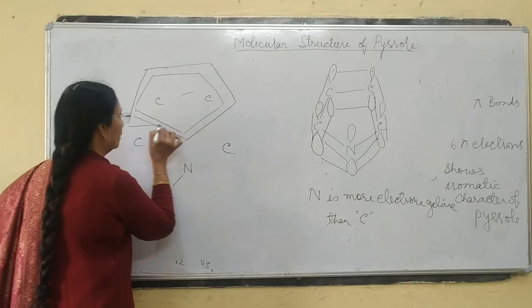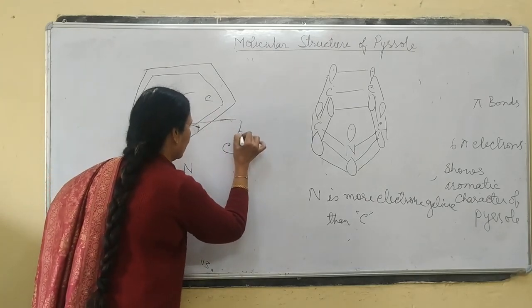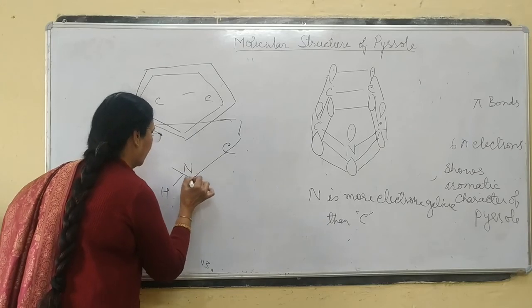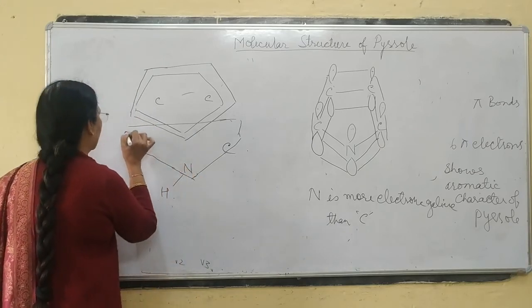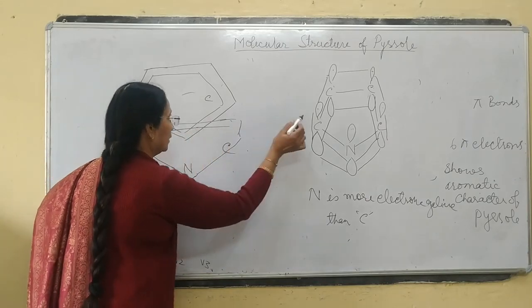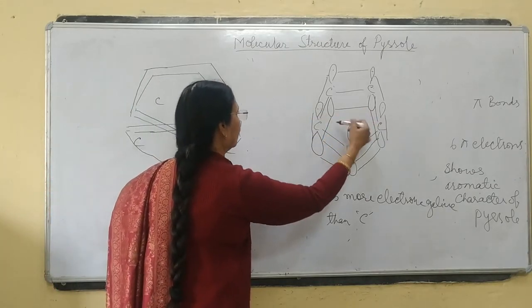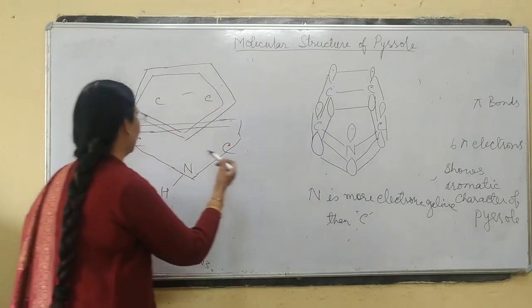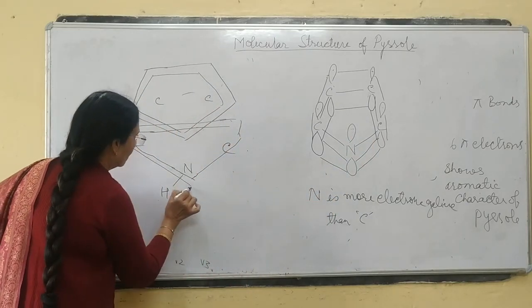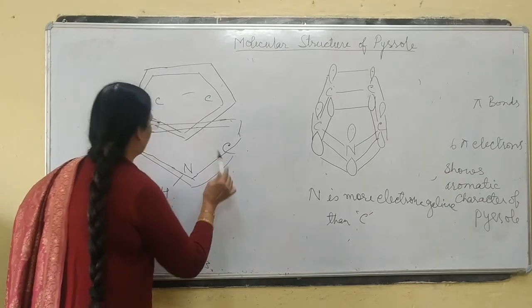The pz orbitals overlap, and the 6 electrons, 4 from these carbon atoms and 2 electrons from nitrogen, revolve in these orbitals.